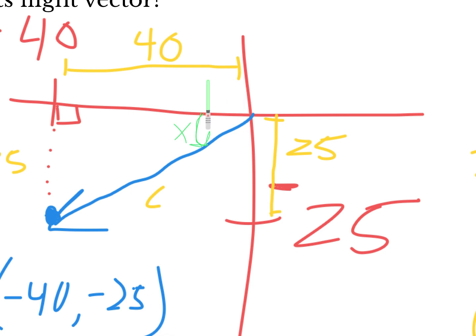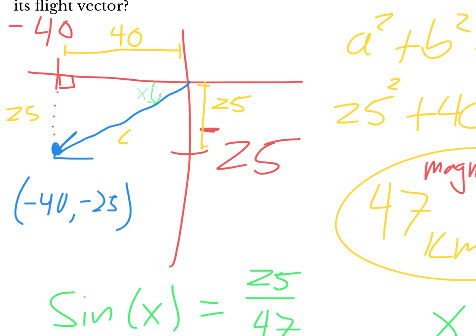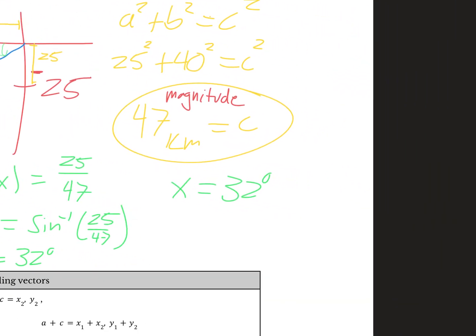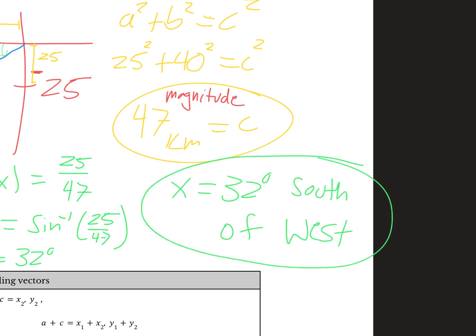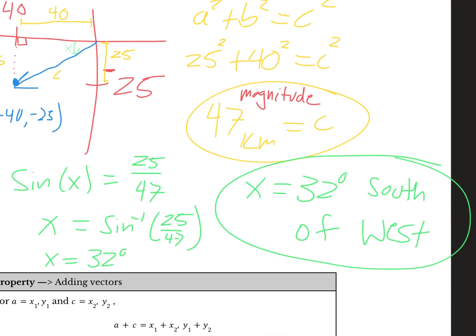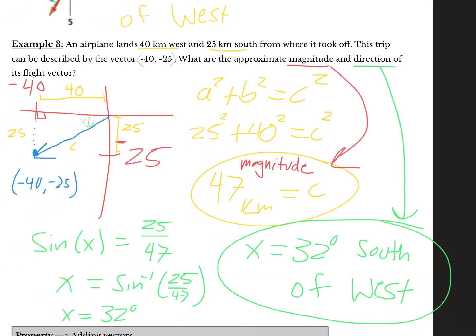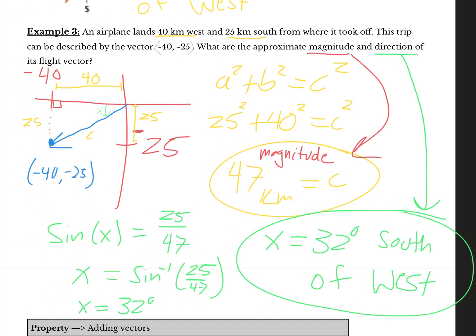I started in the westward direction, and we measured towards south exactly 32 degrees. So I could say that this vector is 32 degrees south of west, because we started in the west direction and then went 32 degrees southward. So that is our answer for direction, and we already found our answer for magnitude. So that is it for example 3. I know that was quite a bit of work, but hopefully that makes some sense for you guys.